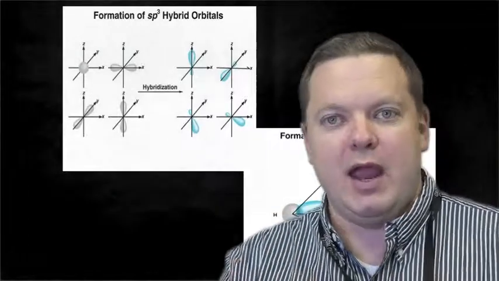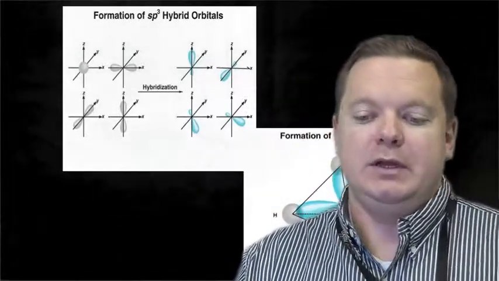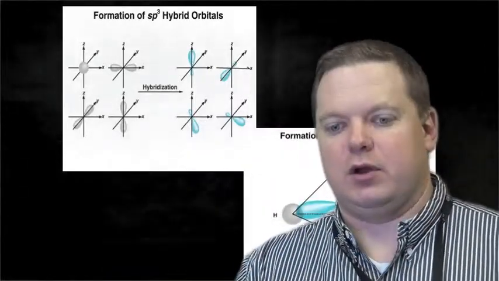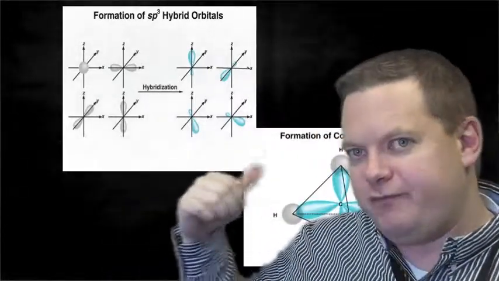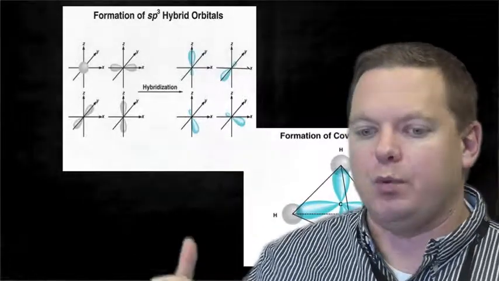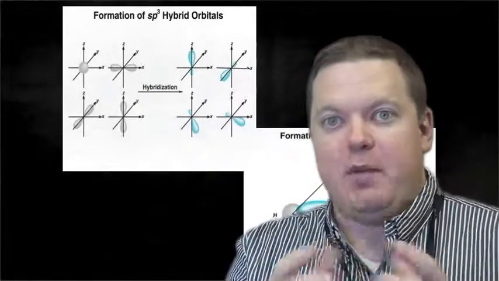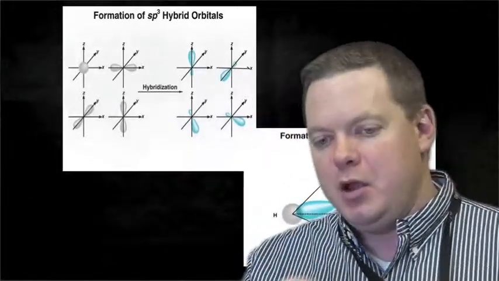So this explains the bond angles that we're observing. If we look at methane, we see that all of those are occurring. But they're 4 distinct, different orbitals. They have some characteristics of their original orbitals that were mixed together. There's some s character and some p character, but they are different.